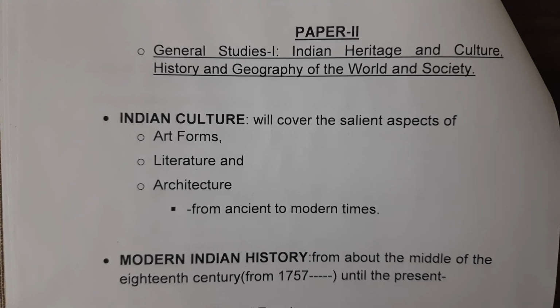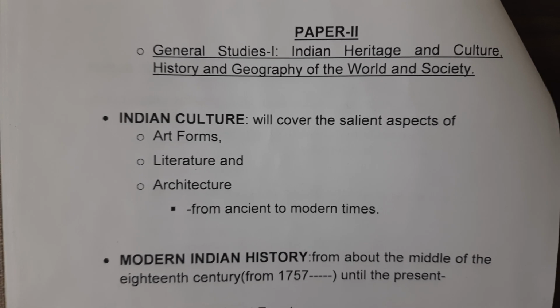Now we are coming to General Studies Paper One. Paper One is about Indian heritage and culture, history and geography of the world, and society. So, Indian culture will cover the salient features of art forms, literature, and architecture from ancient to modern times.